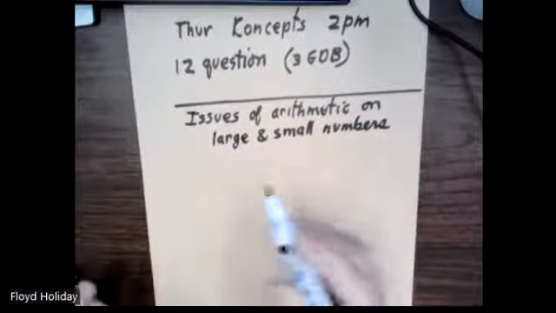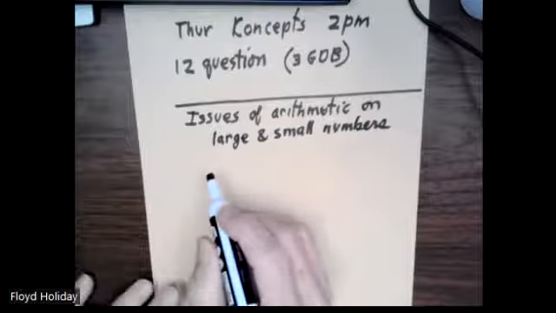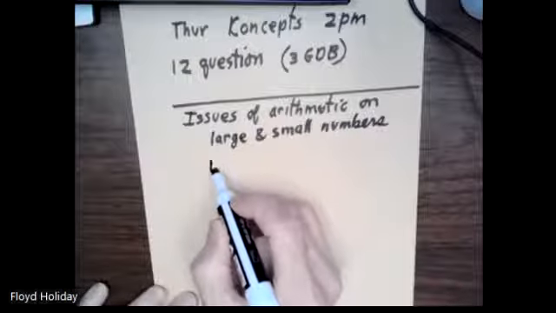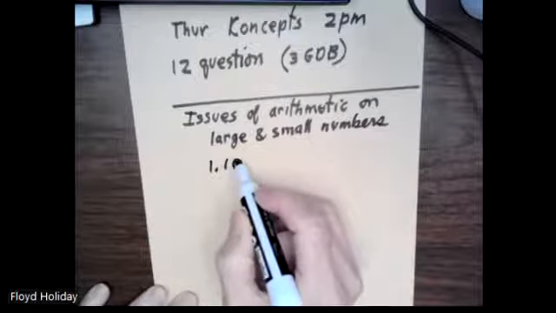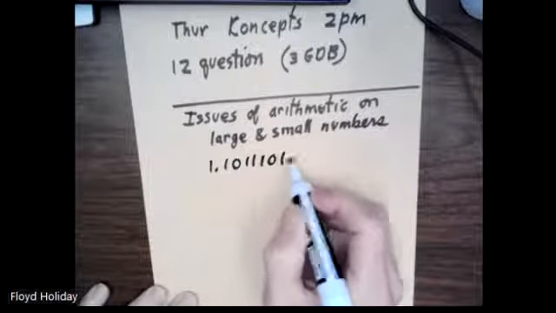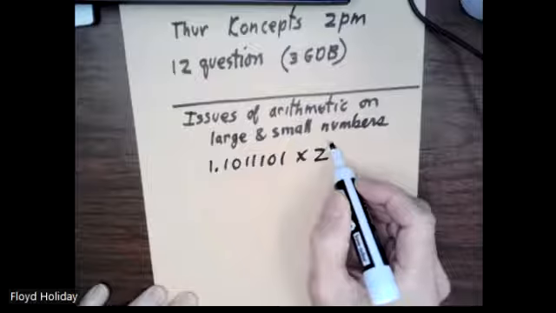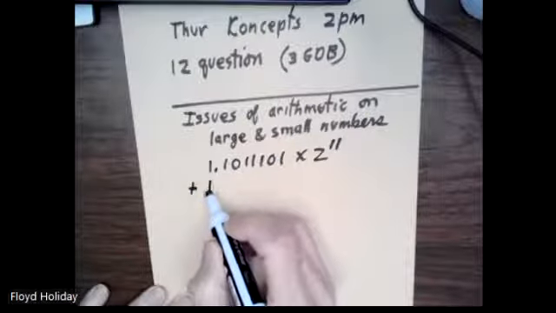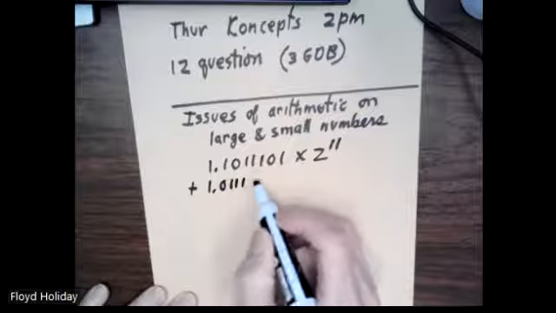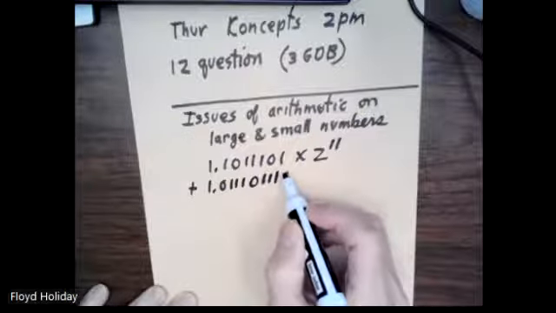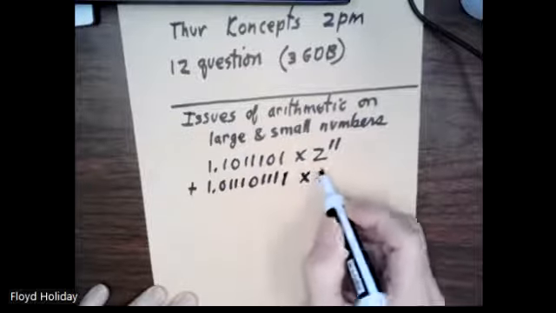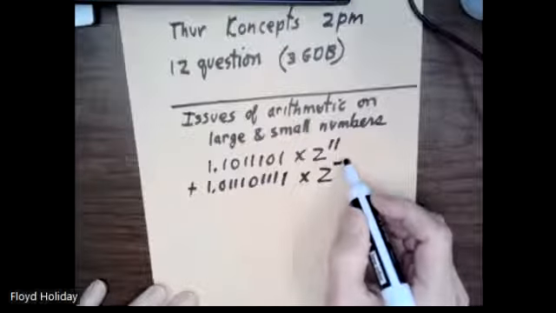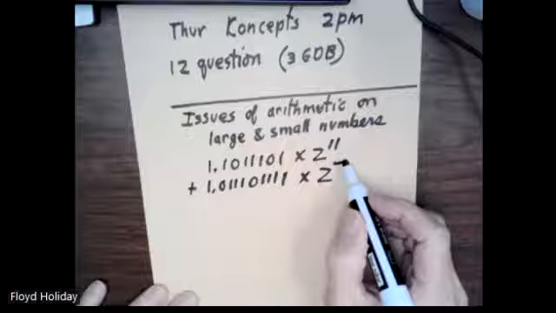So what if you, I'll go on and maybe we'll come back and solve a problem. What would you do if you were faced with 10111101 times 2 to the 11 plus 1011101111 times 2 to the minus, no, that's too much, 16.